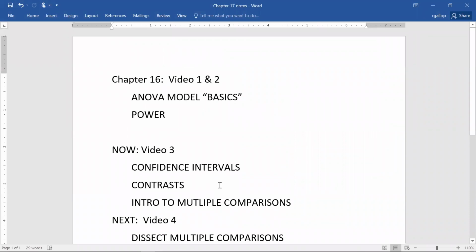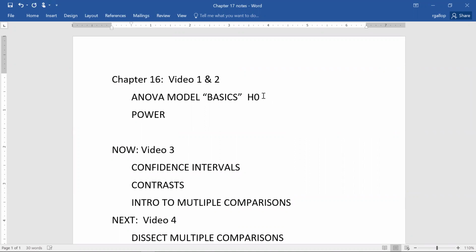So what we did the last two videos was we went through the ANOVA model basics, just really laying out the basic ANOVA model, which again, if you guys recall with the Kenton data, we set up the basic model as looking, I'll type this just basically in English.